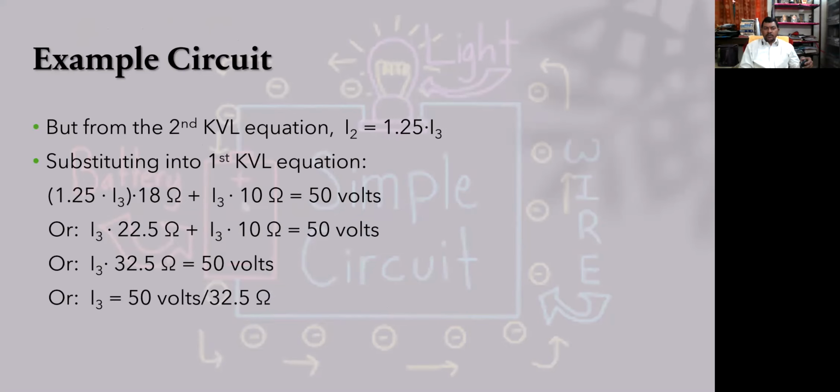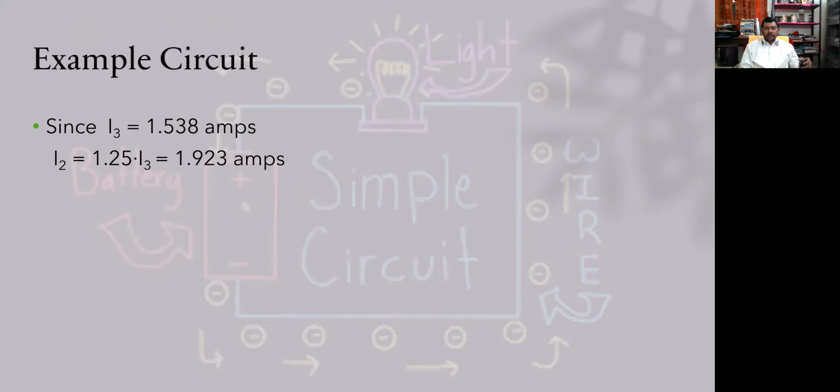So these are some of the simplest methods by which we can calculate. I3 is 1.538 amperes, I2 is 1.25, and I3 can be calculated as 1.923 amperes, and I1 is the addition of I2 plus I3, so I1 must be 3.461 amperes.